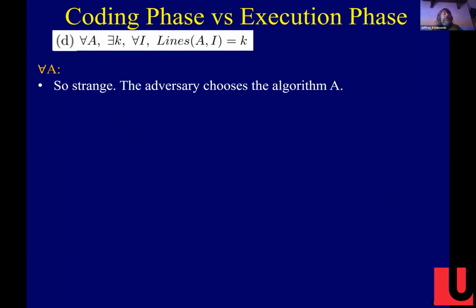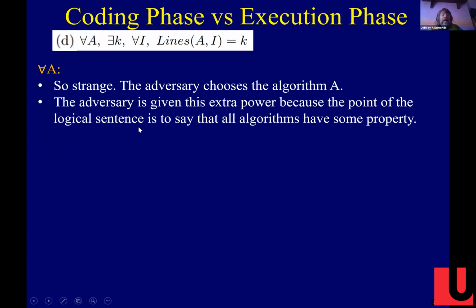So the game. It's sort of strange, but the adversary is the one who gives me the algorithm, gives me the code. Why do we give this power to the adversary? Because the whole point of the sentence is to say something about every algorithm having some property.